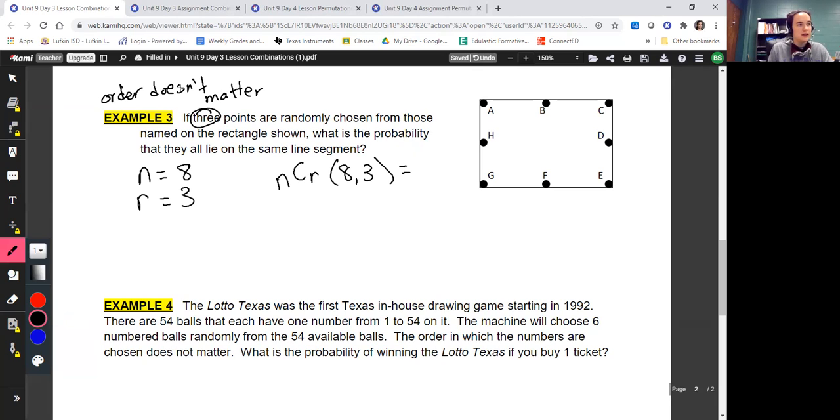So when we have NCR 8, 3, menu, probability, combination, 8, 3, we get 56 possible outcomes.